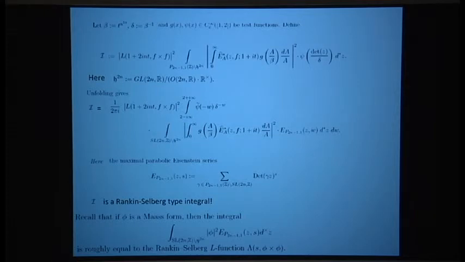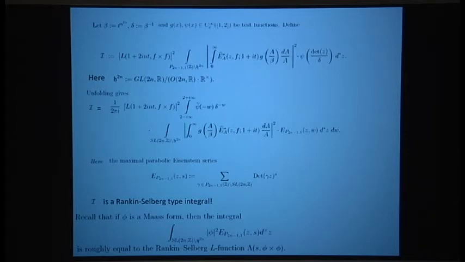So anyway, why do we integrate over such a strange domain? The reason is because when we do the unfolding, it gives us a standard Rankin-Selberg structure. The unfolding gives the Mellin transform of psi, and the inner integral is just a standard Rankin-Selberg integral. So the absolute value squared of that integral of the modified truncated Einstein series, times the maximal parabolic Einstein series. In the maximal parabolic Einstein series, there are no Maass forms involved.